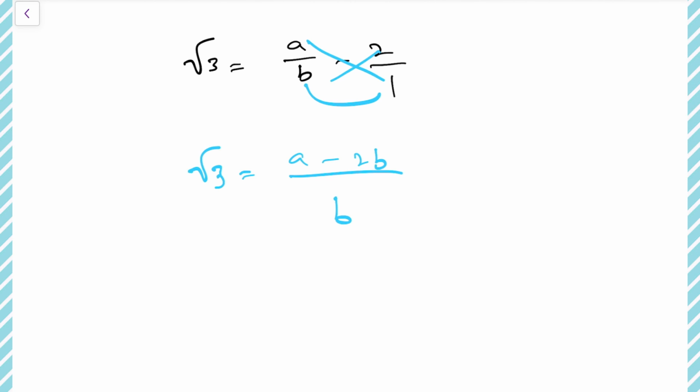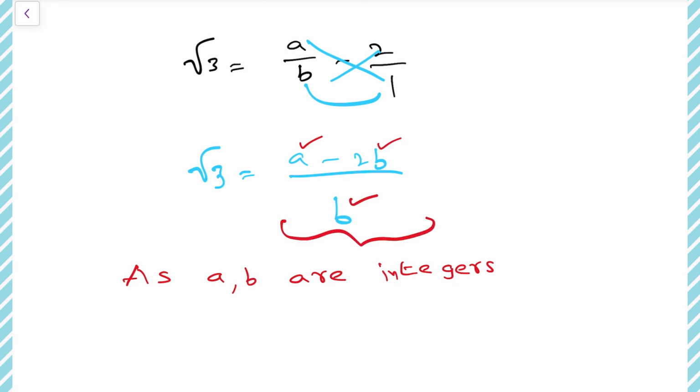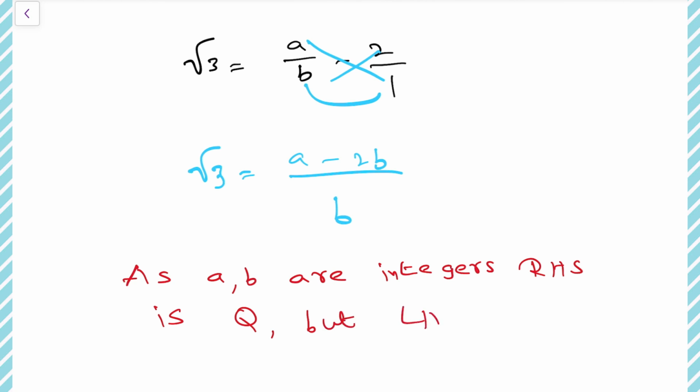Now, same as the previous question, write the final statement as a, b are integers, right? In the place of a and b, if you substitute any integer, this right side part will always be a rational number only. So as a, b are integers, RHS is rational, but LHS is, now in the LHS we have root 3, right?